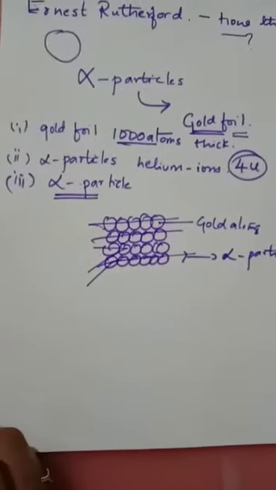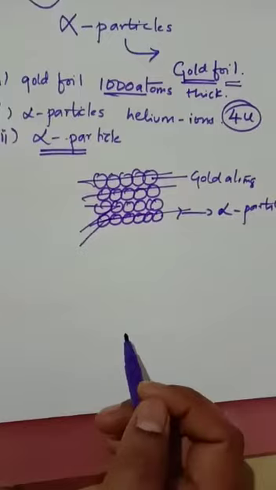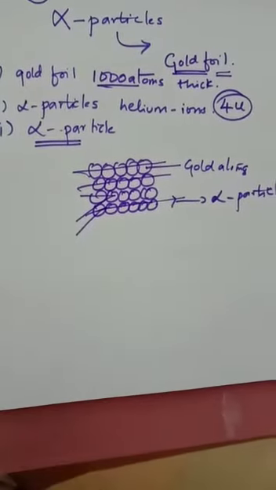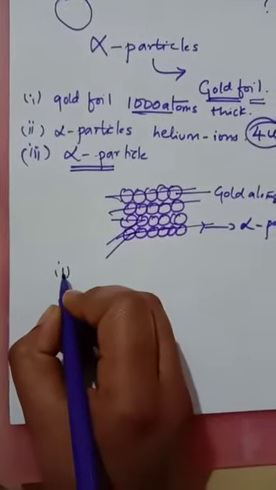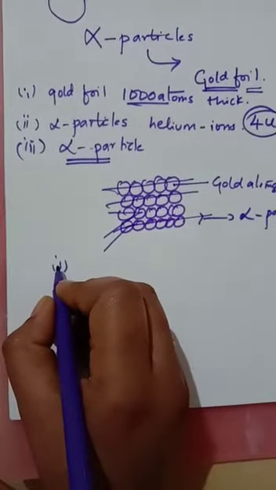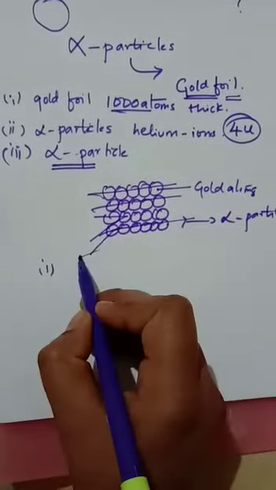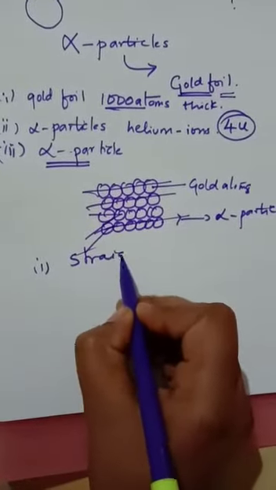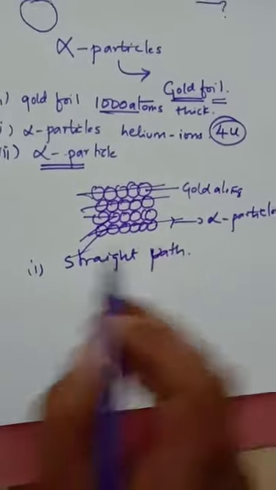So the alpha particle scattering experiment gave totally unexpected results. Why? Because the following observations were made. Most of the fast moving alpha particles passed straight through the gold foil. So here you can see most of the alpha particles are moving in a straight path, isn't it?